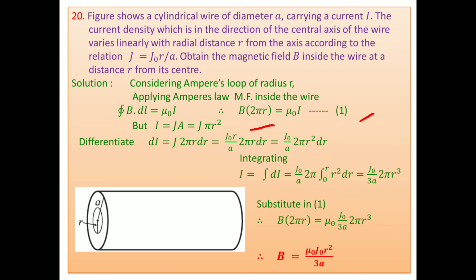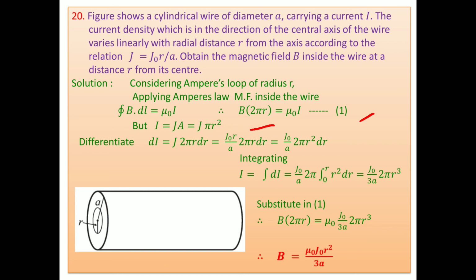We know that current equals J into A, where A is pi r square because of the circle, and differentiating it, di equal to J 2 pi r dr. Then J is substituted, J naught r upon A, as given. So di equals J naught upon A 2 pi r square dr. And again take the line integration.